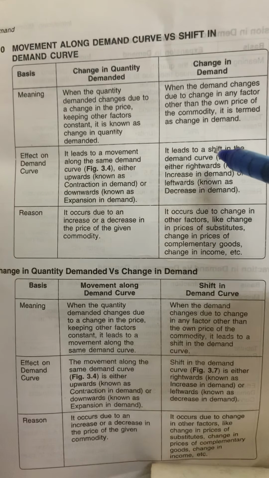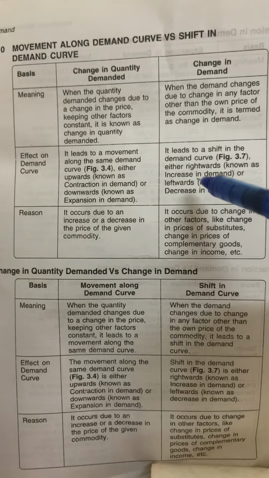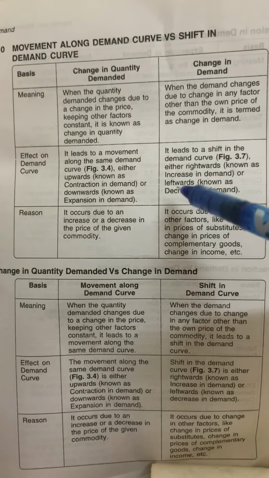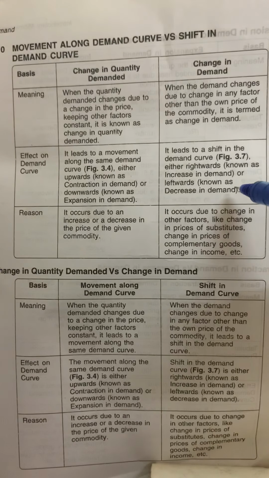If it is increasing, there is rightward shift in the demand curve and it will be known as increase in demand. When it is decreasing, it is leftward shift in the demand curve and will be known as decrease in demand.